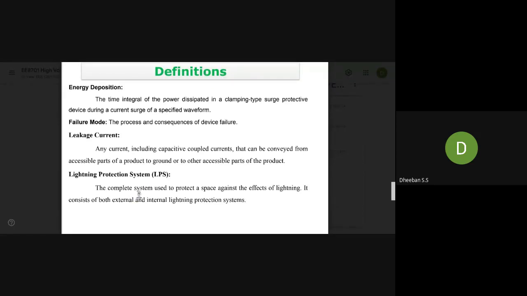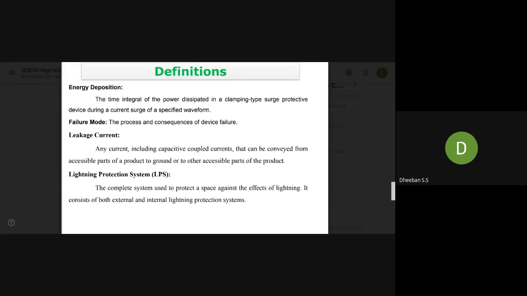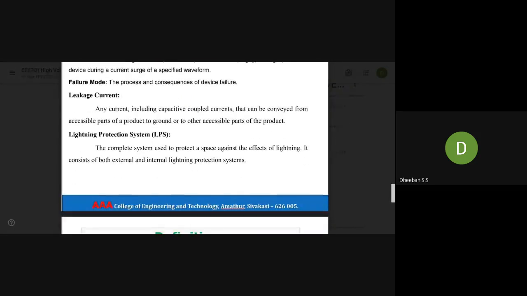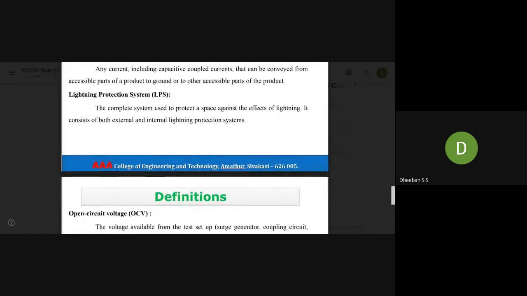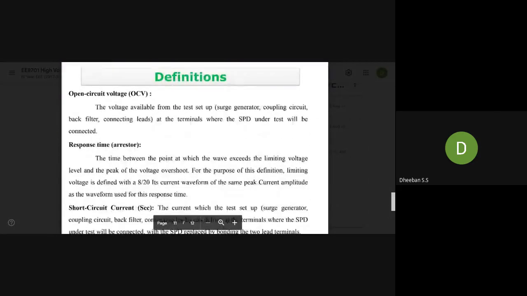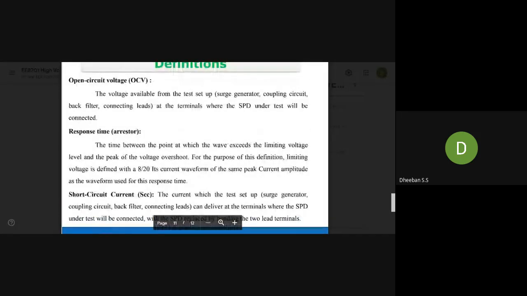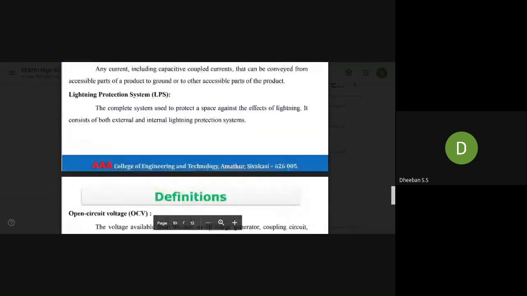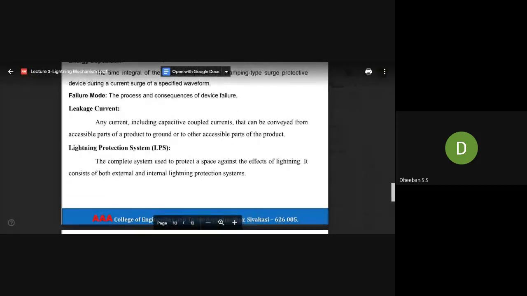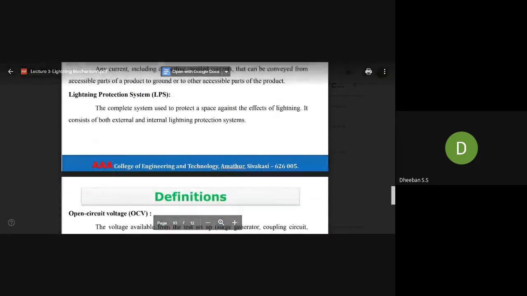The lightning protection system is meant to protect from both internal surge as well as external surge. The open circuit voltage, response time, and short circuit current are all common things you already know; just read through them. The important thing here is the lightning protection system, which I'll be covering as a really important question.